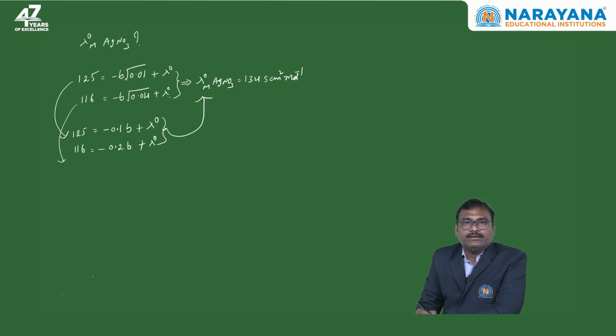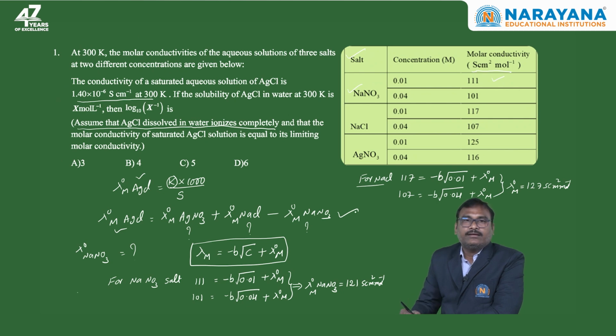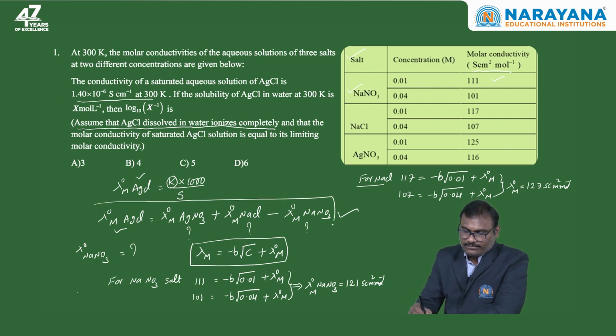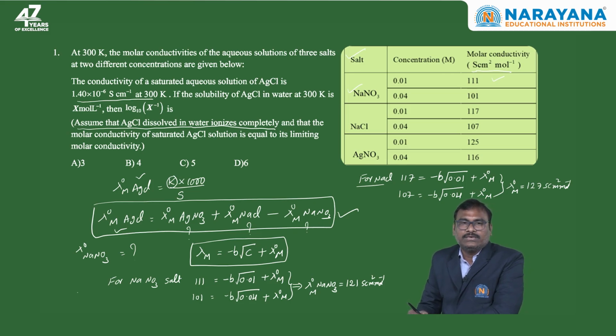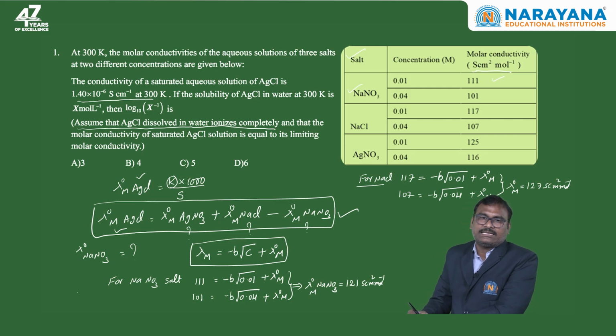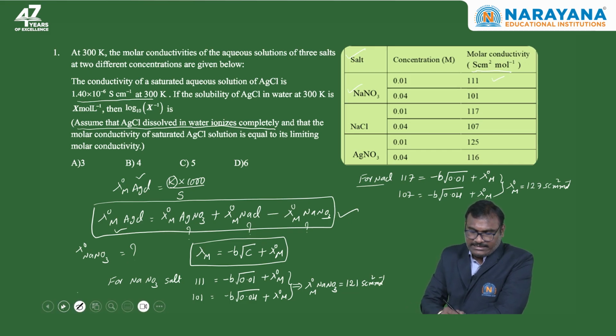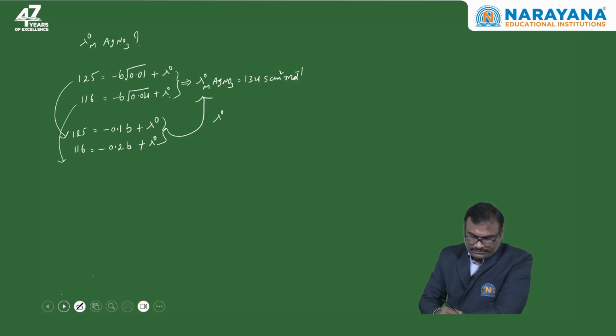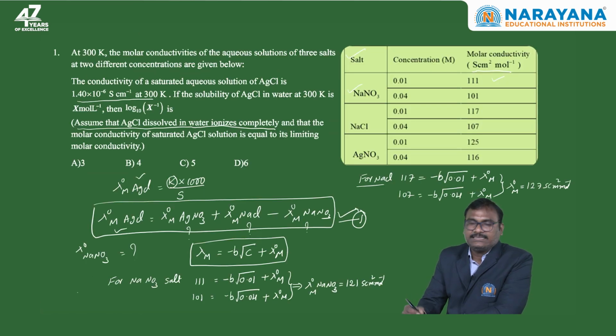Already we got lambda naught of NaNO3, lambda naught of NaCl, as well as lambda naught of AgNO3. Substituting all these in the previous equation, that is the Kohlrausch law application, lambda naught of AgCl is equal to lambda naught of AgNO3 plus lambda naught of NaCl minus lambda naught of NaNO3. Let us say this is equation 1.